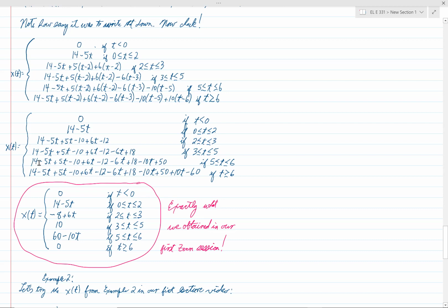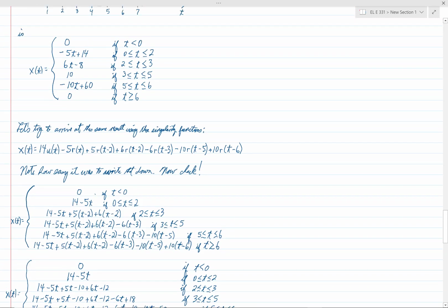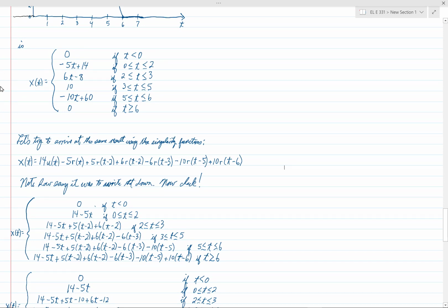And then if all of this is 60 minus 10t, and then we have 10t minus 60 added to it, then we have 0. So after you do all the simplification, this is the expression that we have. And lo and behold, you'll see that it exactly matches what we had last time in the Zoom session.